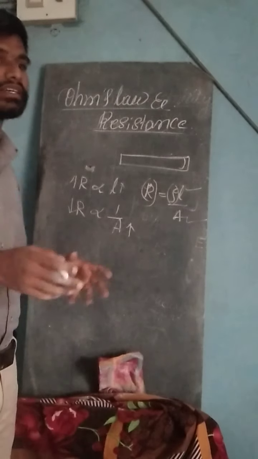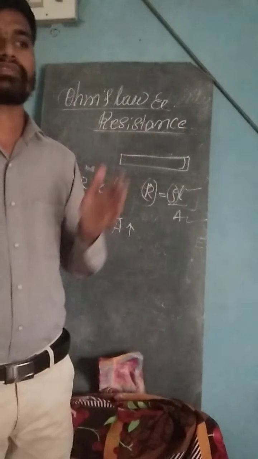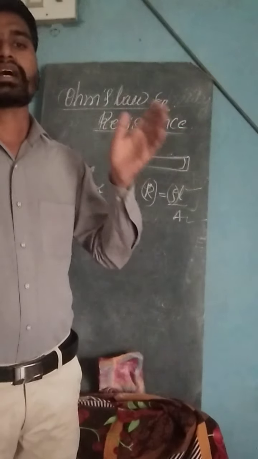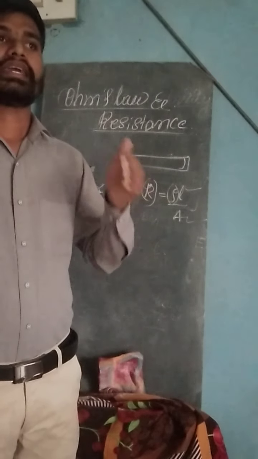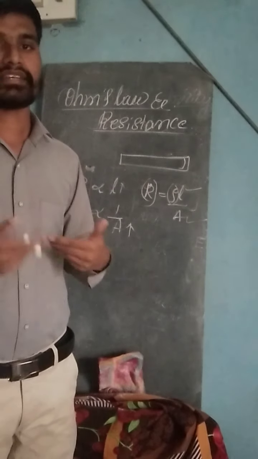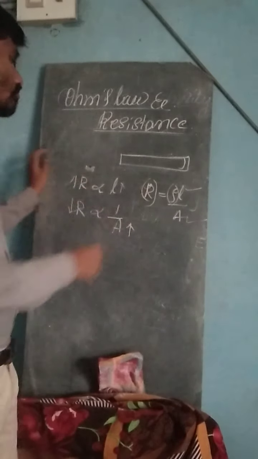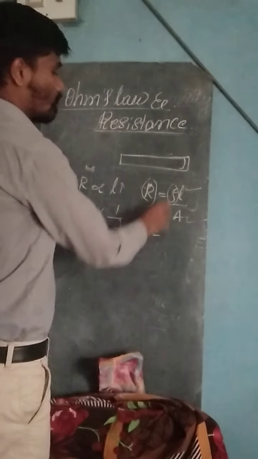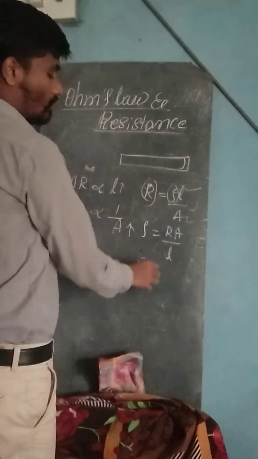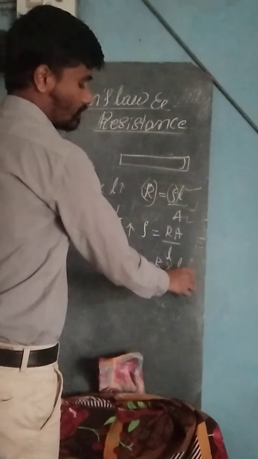So if you consider 1 meter of wire, that is a unit length, and that is a unit area of cross section. In a particular case, I have to consider 1 meter length or 2 meter length or 3 meter length. It depends upon resistivity, area of cross section, and length also. You have to take 1 meter of length. So the expression for resistivity is RA by L. Here R into area: I have to write length into breadth.